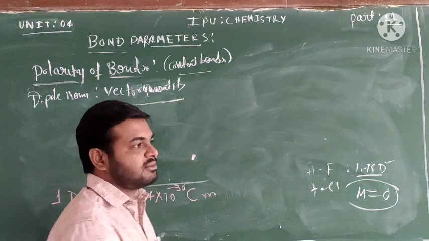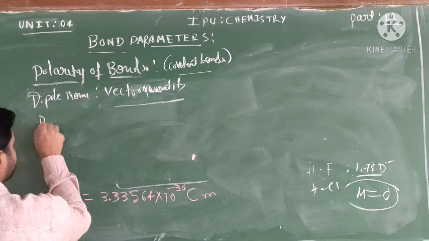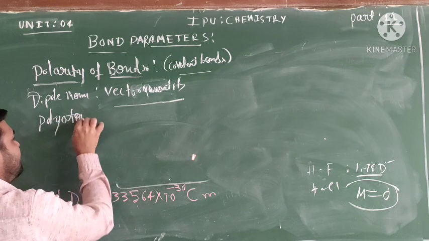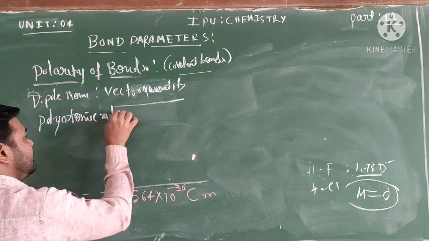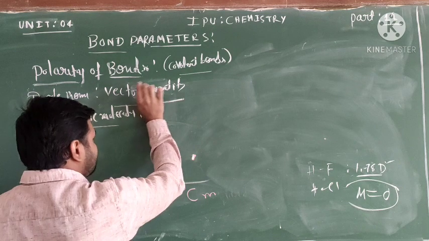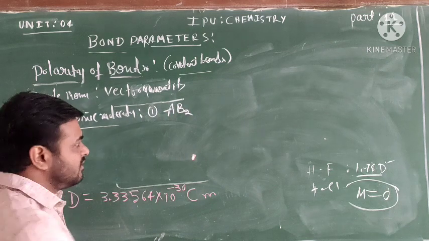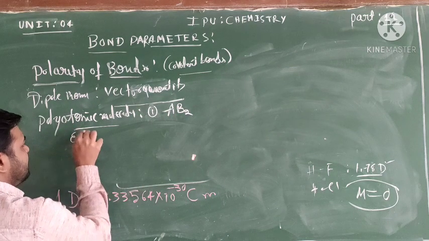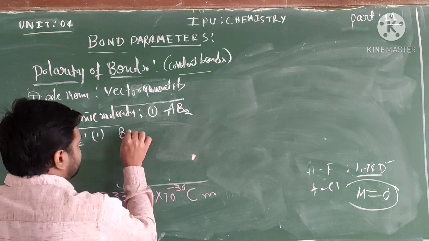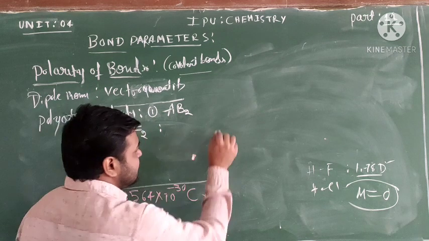We'll look at some examples of polyatomic molecules, with more than two atoms. One type is the AB2 type. Example one is beryllium fluoride. See here, this is beryllium at the center, and fluorine is on the corner sides.